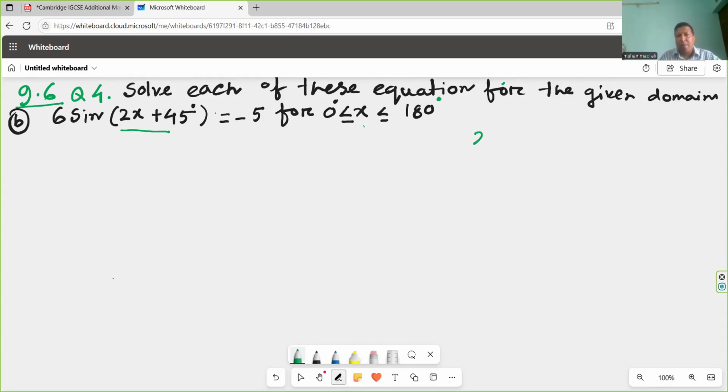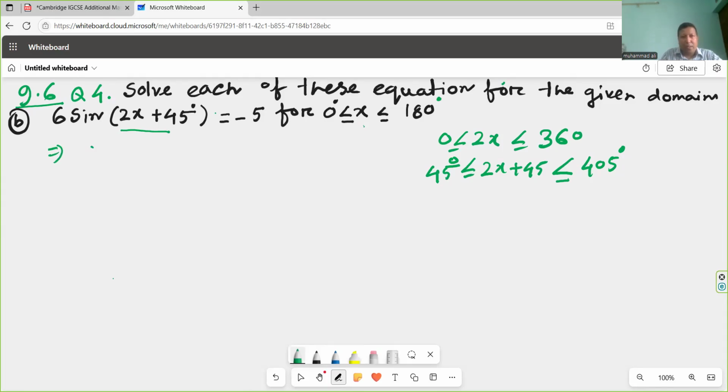So if we multiply by 2, here also multiply by 2, here also multiply by 2, it will be 0 to 360 degrees. Now if we add 45 here, we have to add 45 also over there. If we add 45 here, it will be 405 degrees. So for this maths, our interval or domain will be 45 degrees to 405 degrees.